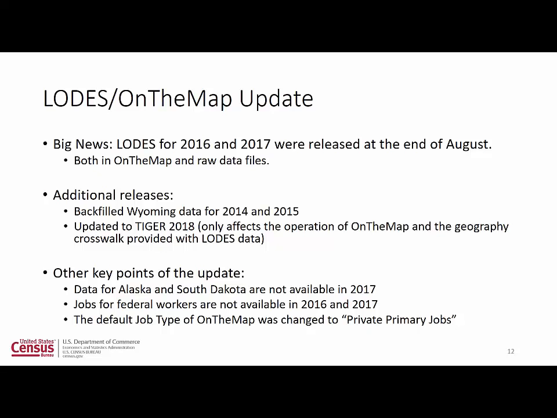And so we decided to move to the default of private primary jobs. So this includes only jobs in the private sector. And I'll point this out when we do the demos on the map.